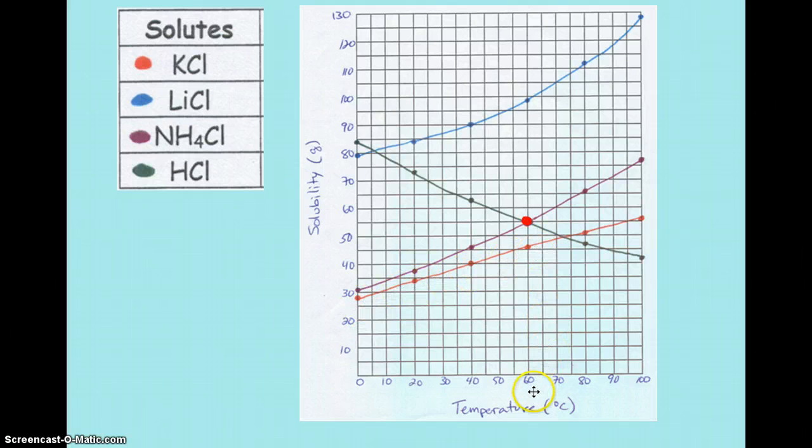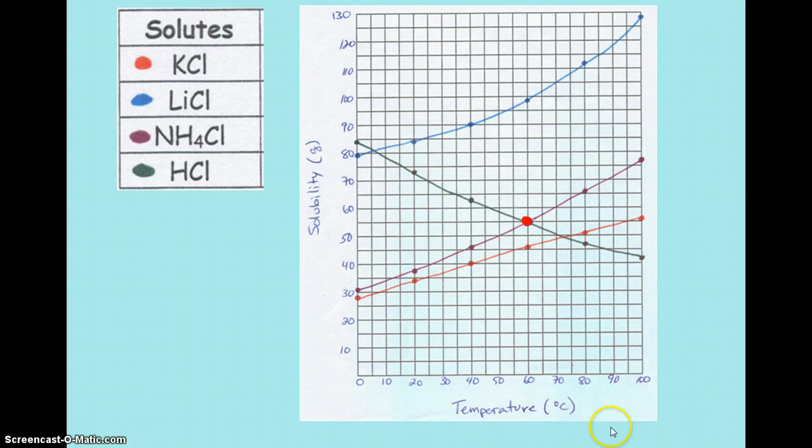At 60 degrees Celsius, I should only be able to put 45 grams of KCl in. So if I somehow have 55 grams in, that's more than the maximum. So that is supersaturated. That meant I had to trick that solution. I had to heat it up, dissolve it, and bring it back down. And so when the data point is above the line, that represents supersaturated.